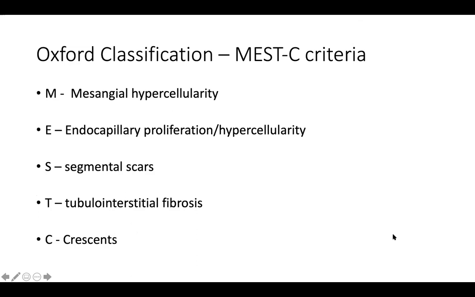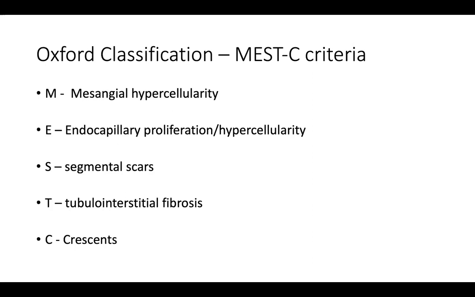What's the difference between mesangial hypercellularity and endocapillary proliferation? All right. So in words, they both mean too many cells, but it's where the cells are. So when you say mesangial hypercellularity, you have too many cells within the mesangial matrix, in the area that's holding those capillary loops together.